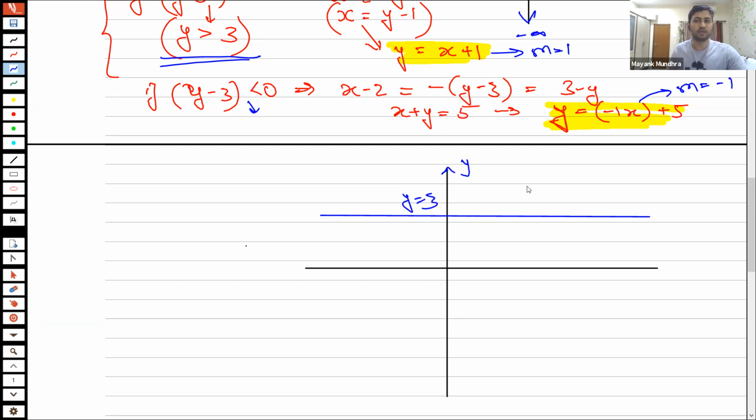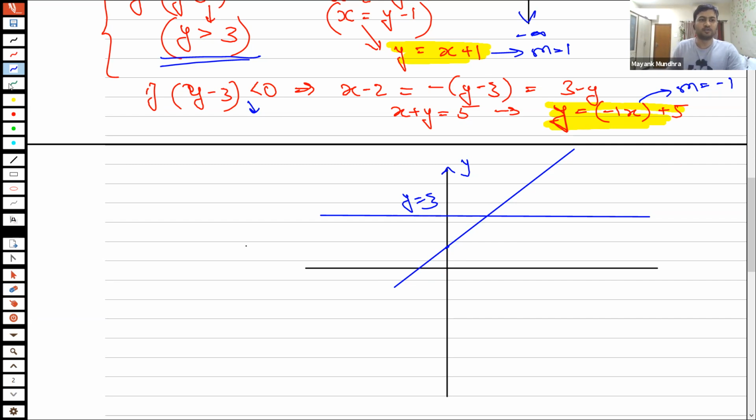So what does y equals x plus 1 look like? y equals x would look like this. So it would be 1 unit above that. So it will look like this. This will be the y equals x plus 1 curve. And y equals minus x plus 5.